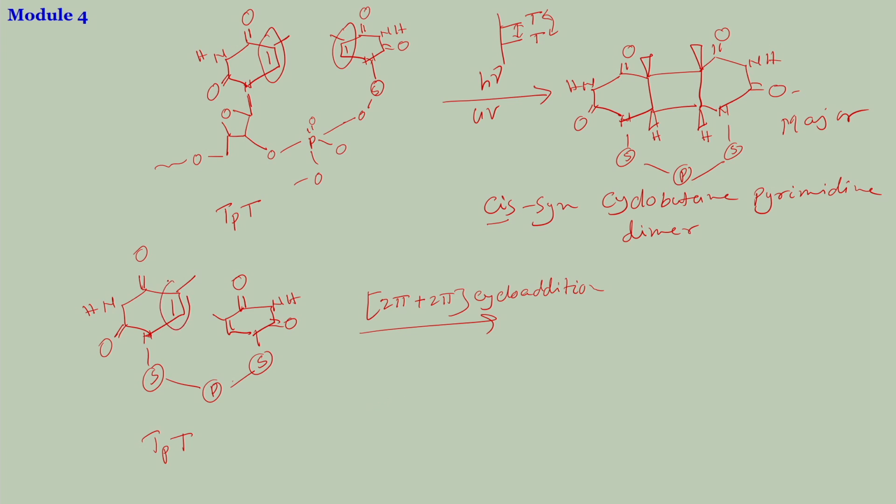See, this is the double bond that we have selected, and on the other nucleobase we have done this carbon carbon double bond, right. So, there is another double bond that exists, that is this.